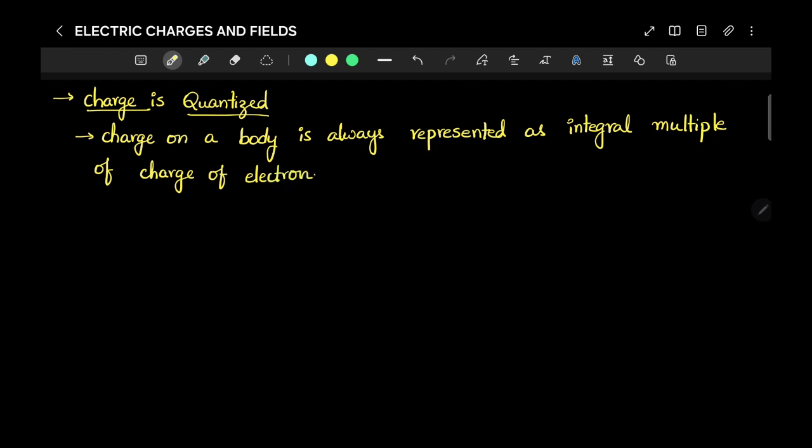I understood a few people are getting confused. What is this quantized? Now, for example, let us take the strength of your class. There is a student called Ramesh and his friends. The total strength of his class is, let us take, 31 members. So you will tell the total strength as 31 students only, right?